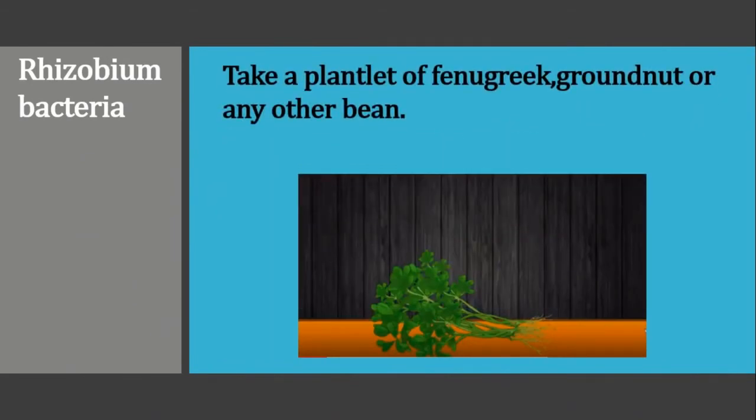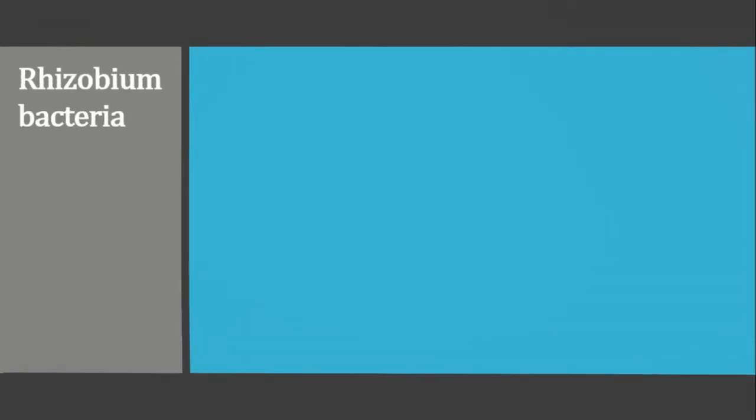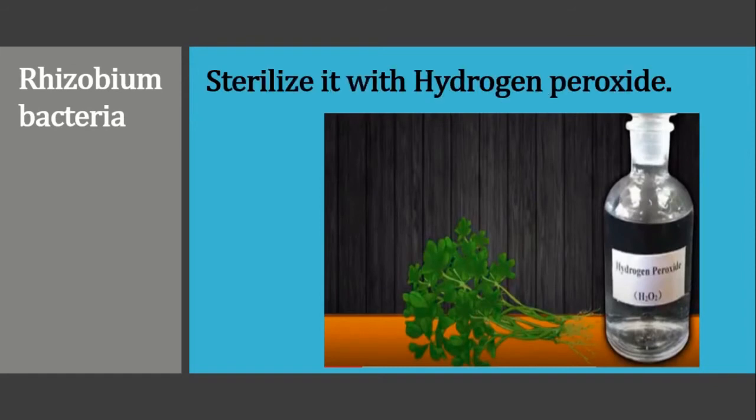Take a plantlet of fenugreek, groundnut or any other bean and sterilize it with a 3 to 5% solution of hydrogen peroxide.